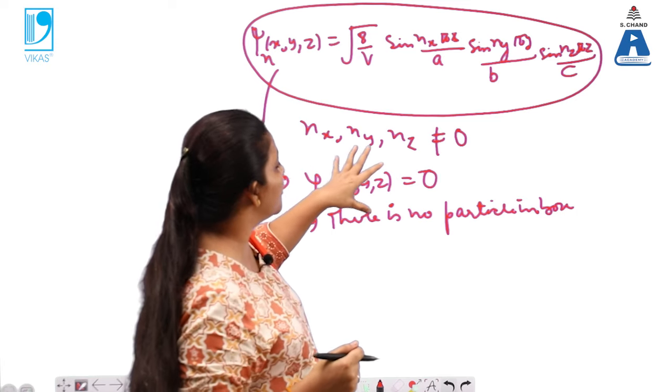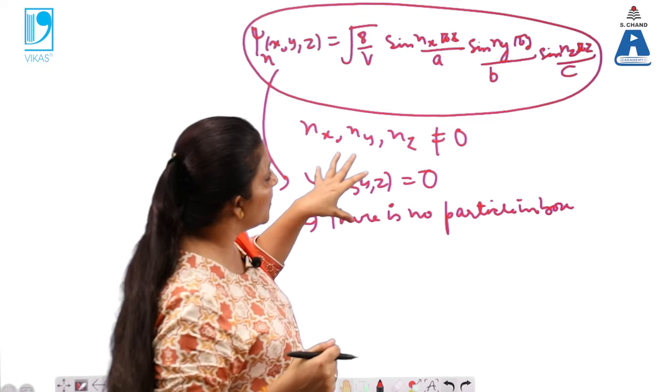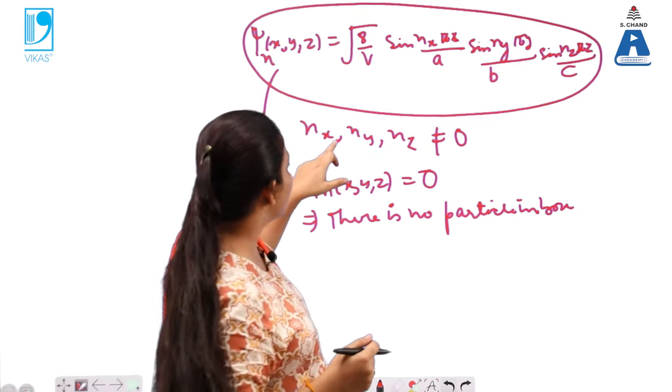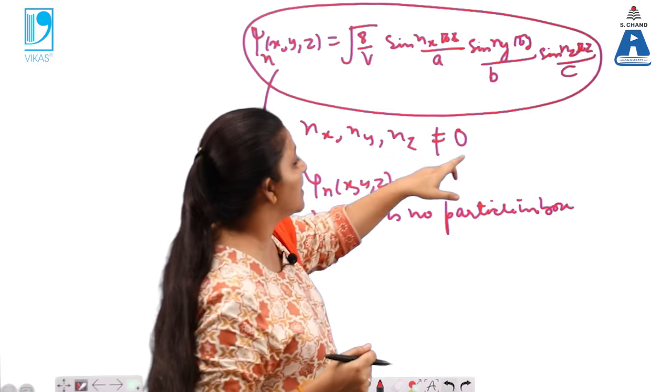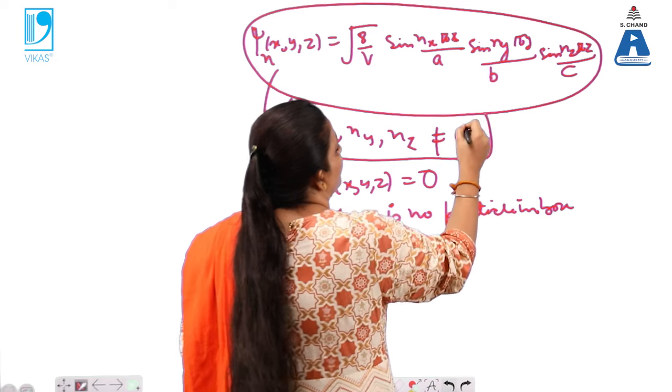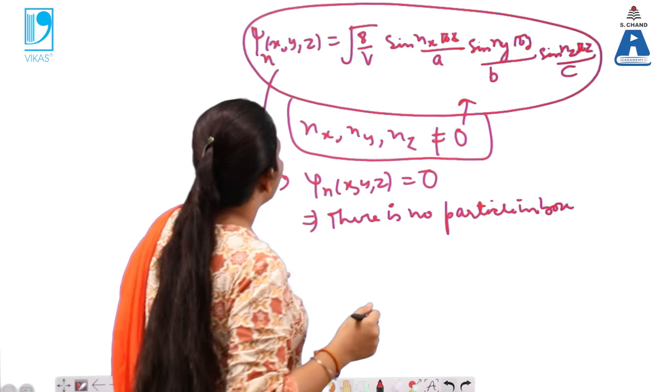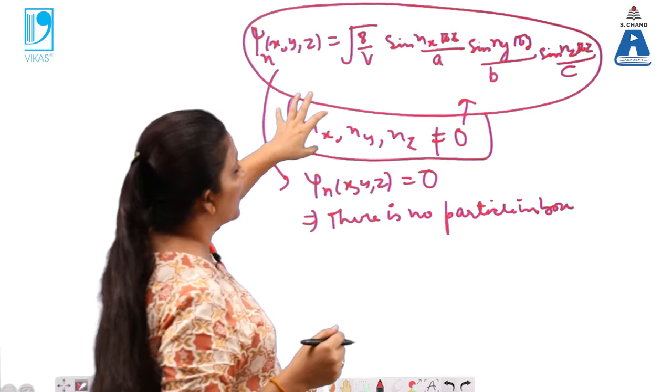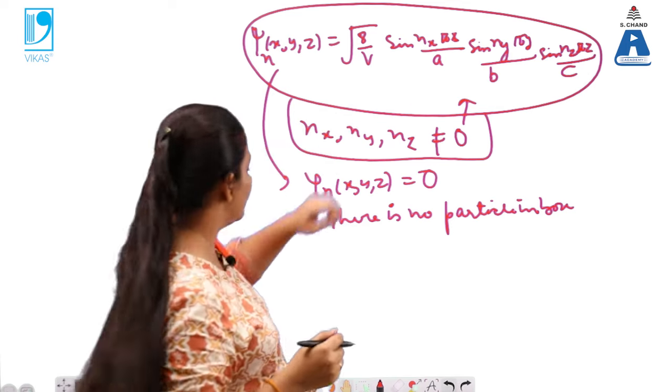So for the particle to be present in the box, the values of the quantum numbers are taken to be non-zero. This is the main condition for the wave function, or for the particle, to be present inside the box.